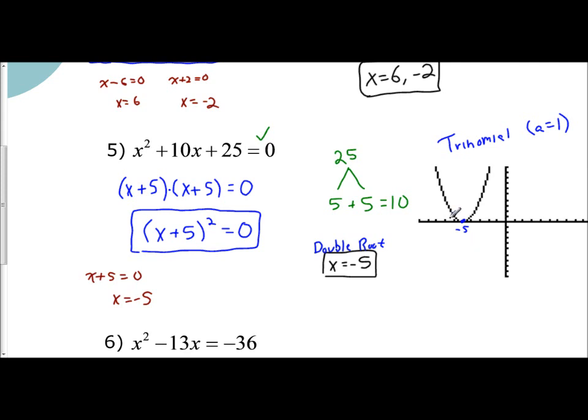So it's a way to connect visual aspects of the graph to the solutions. If you see it come down and hit the x-axis and bounce back in the direction it came from, that means that x-intercept, that solution, occurred twice in the quadratic. So try and make connections in that way.